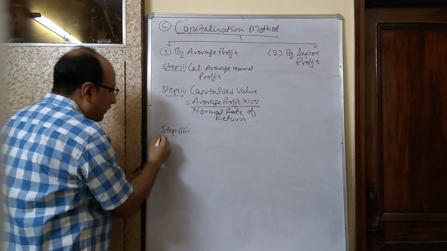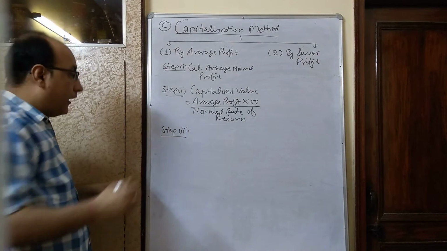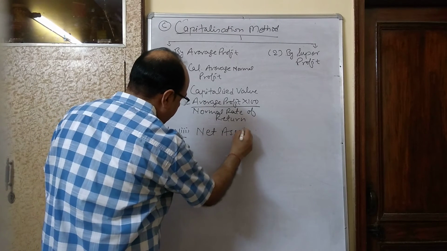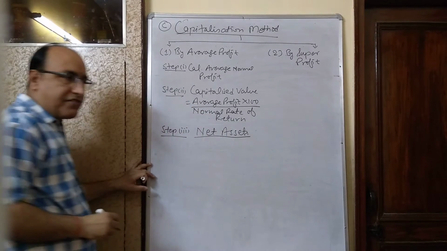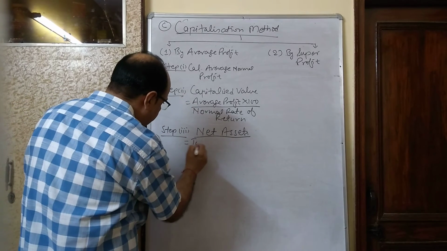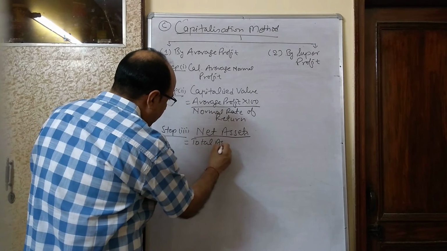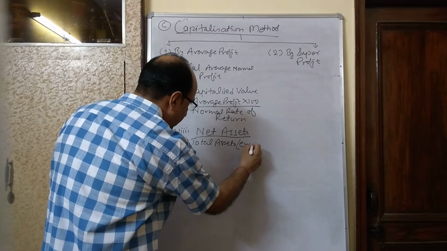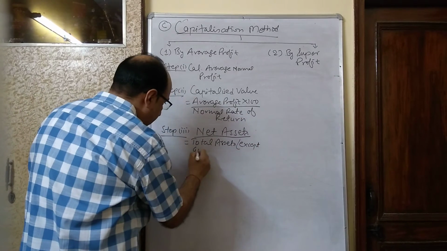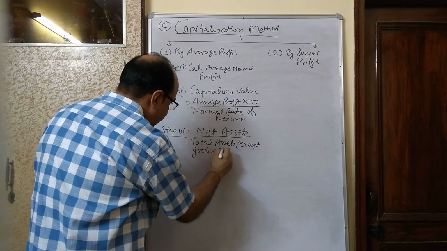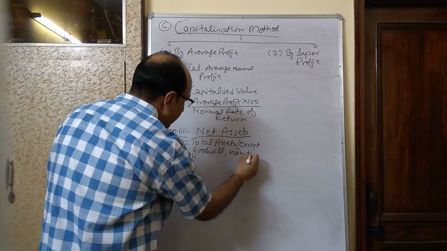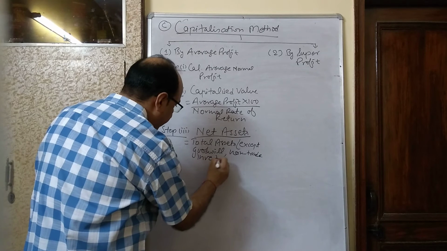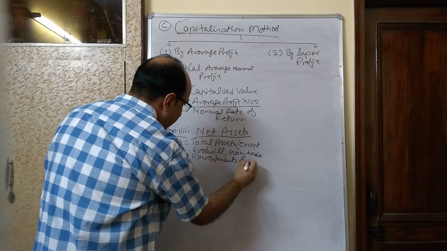Step 3, we have to calculate the net assets. How can we calculate the net assets? The formula will be total assets except goodwill, non-trade investments, and fictitious assets.